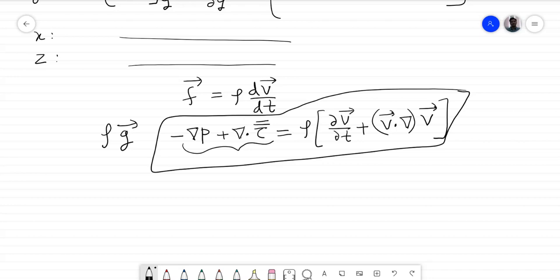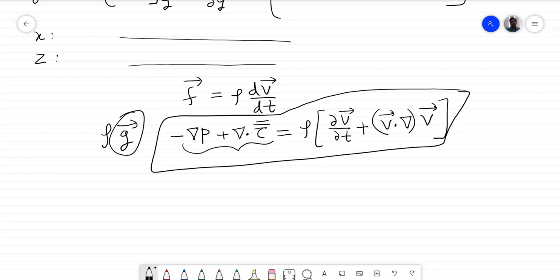So rho g minus del p plus del dot tau, because mg is the force and rho g is the force per unit volume, and I have written g as a vector so that it is a general gravitational acceleration. It can be in any direction.